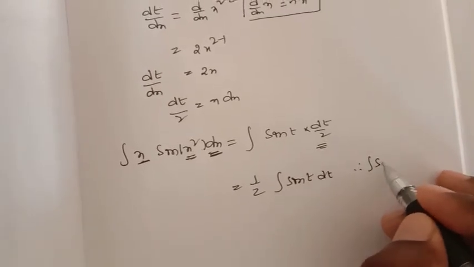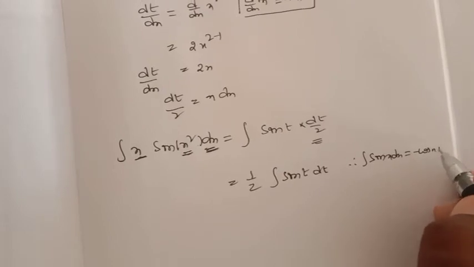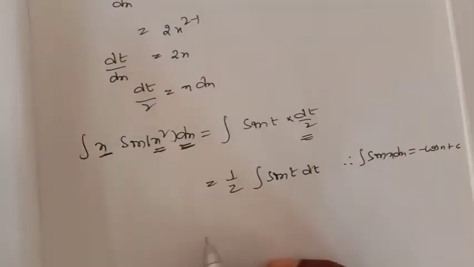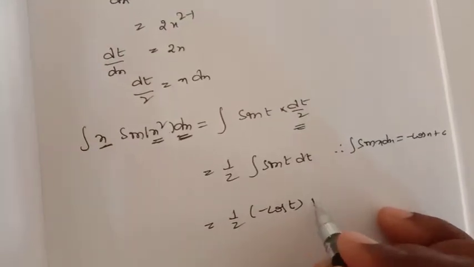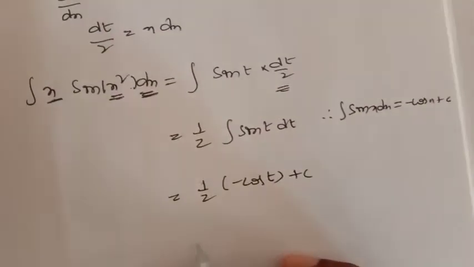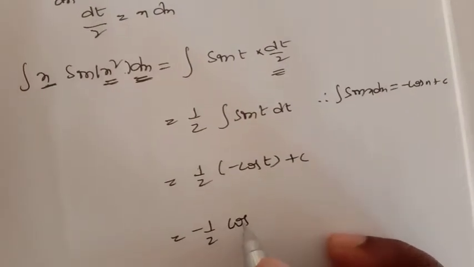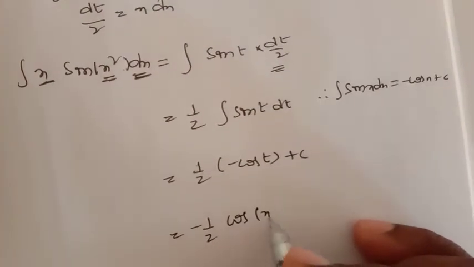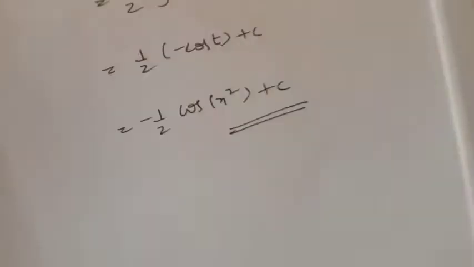Here we have integral sine x dx equal to minus cos x plus c, that equal to 1 by 2 into minus cos t plus c. Here substitute the t value, we get minus 1 by 2 into cos of x square plus c is the answer of the problem.